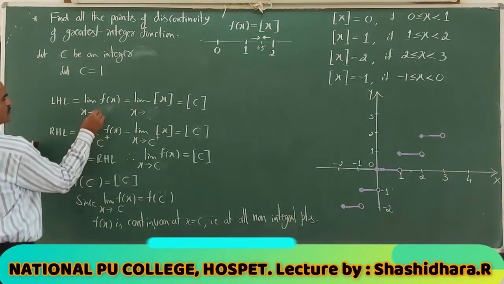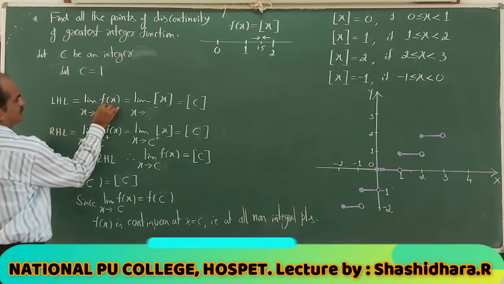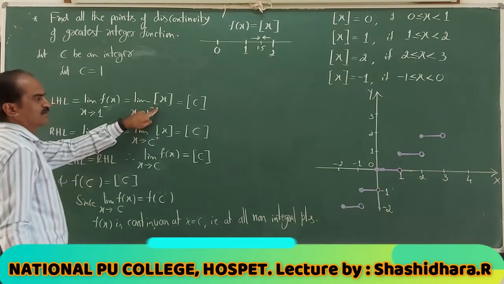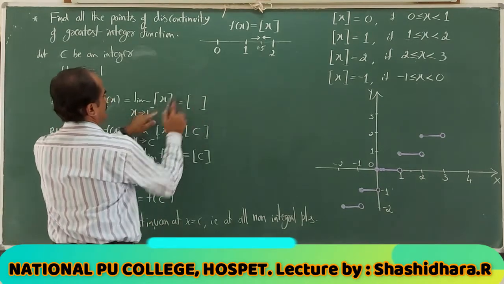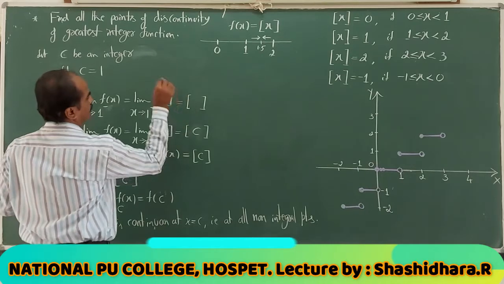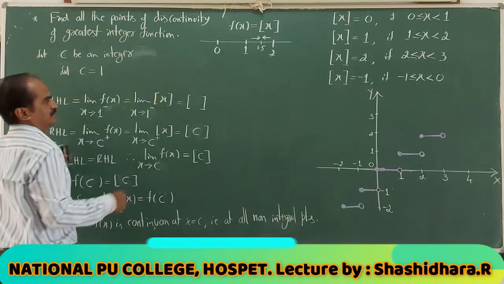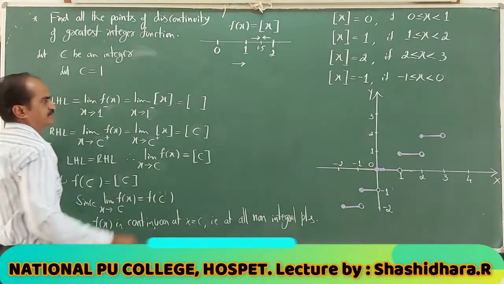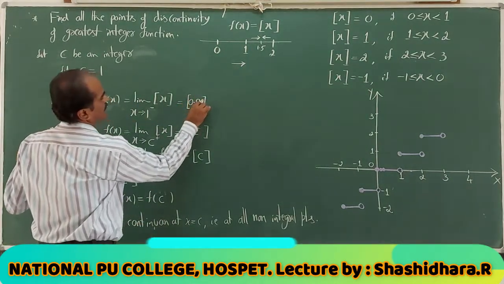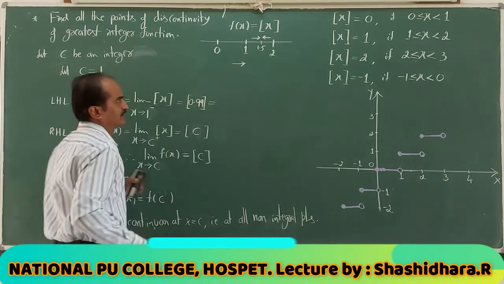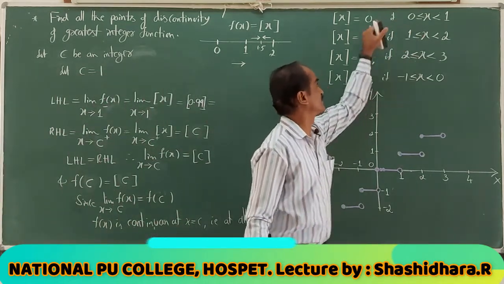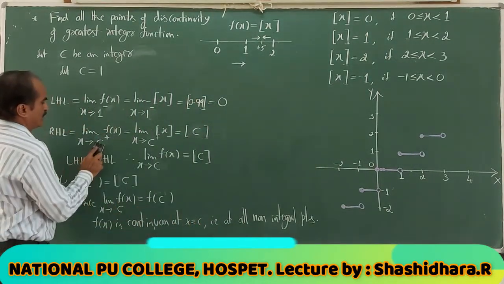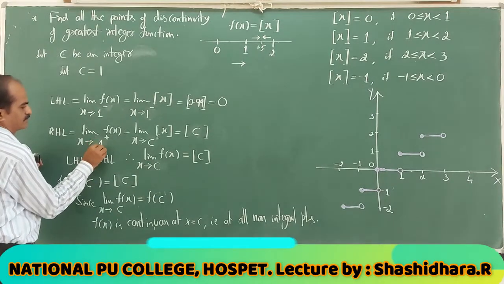As x approaches 1 from the left side, what is the greatest integer of a number which is slightly less than 1? It is approaching 1 from the left side, maybe 0.999. How much are you going to get? 0.999 lies in this interval. Its value is 0.